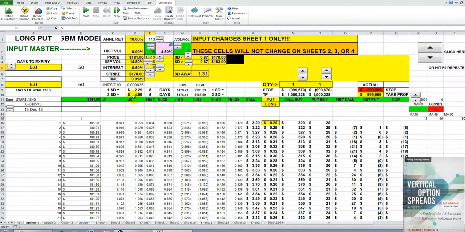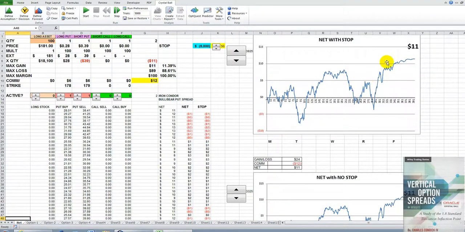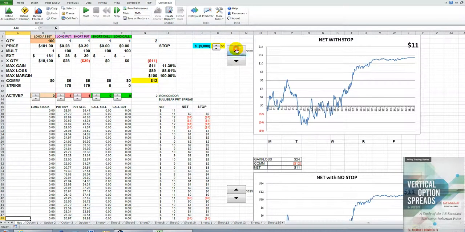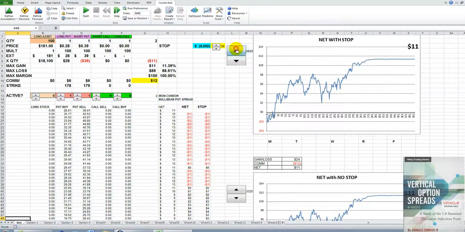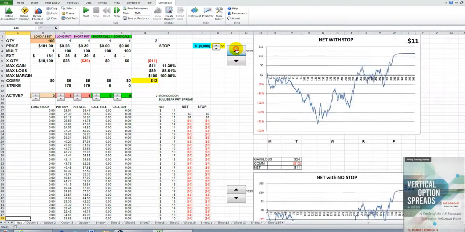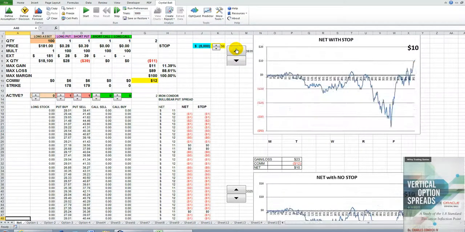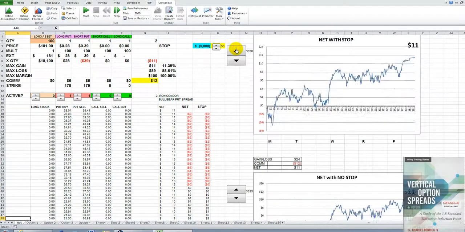So now we're 20 points underneath the asset on open at Monday morning for a Friday expiry. So let's take a look at our net, and it should show us a maximum of an $11 win and a maximum loss. We should get a loss position here. When you want it, it never happens, right?